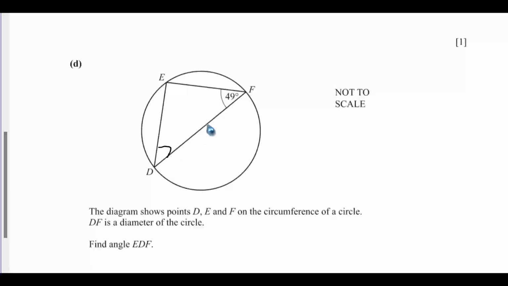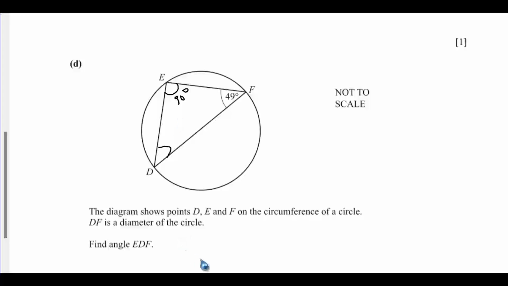Since DF is a diameter of a circle, this angle here will be an angle in a semicircle, that will be 90 degrees. So this angle EDF and angle EFD, these two must add up to 90 degrees. That is, they are complementary angles, because they add up to 90 degrees.